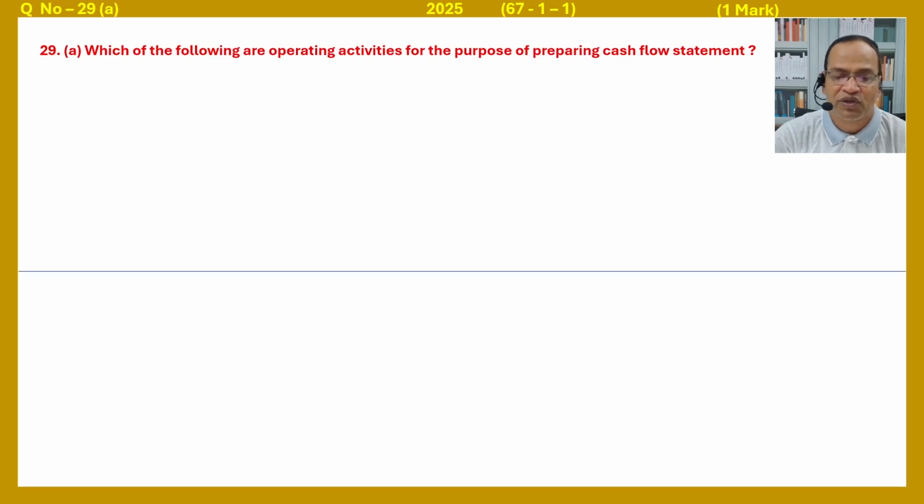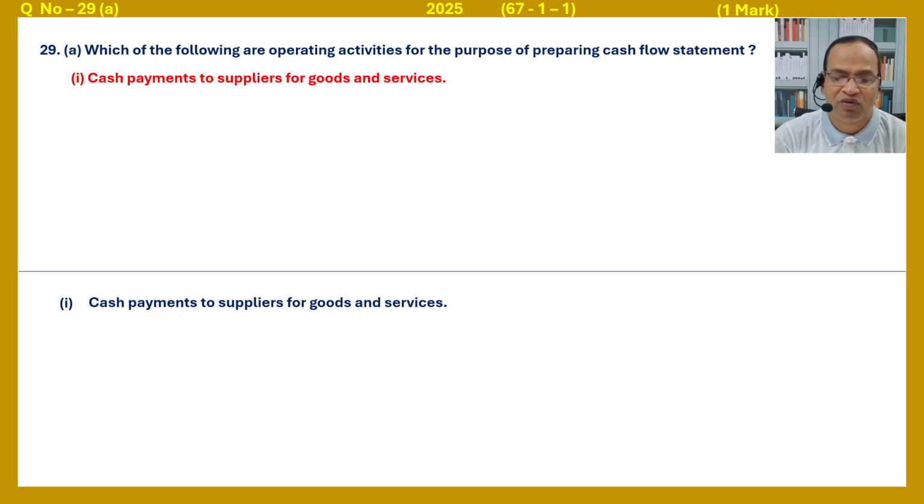Next, which of the following are operating activities for the purpose of preparing cash flow statement? Cash payment to suppliers for goods and services. Creditor decreases, operating activity.